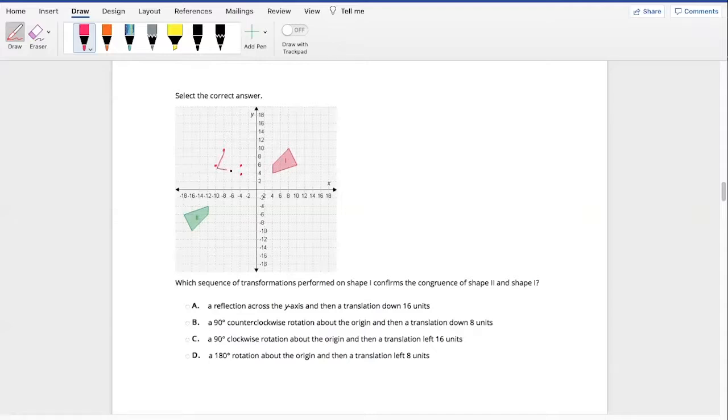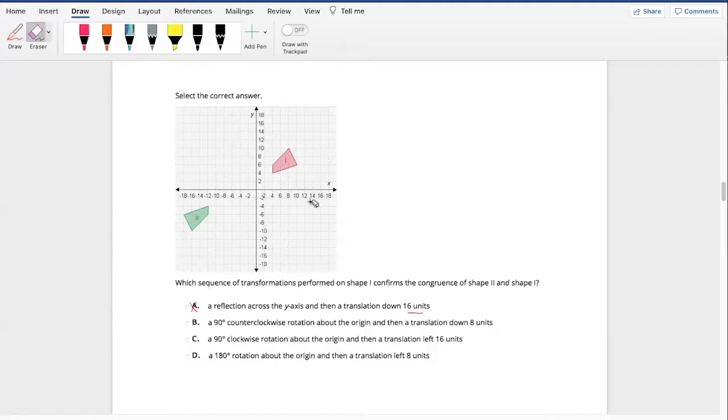That would be your reflection over the y-axis, and then down 16 units. So if I move down, and again, you're going by 2s, 2, 4, 6, 8, 10, 12. Oh, obviously, I'm going to move down here. It's not going to line up to shape 2. So that one does not work.